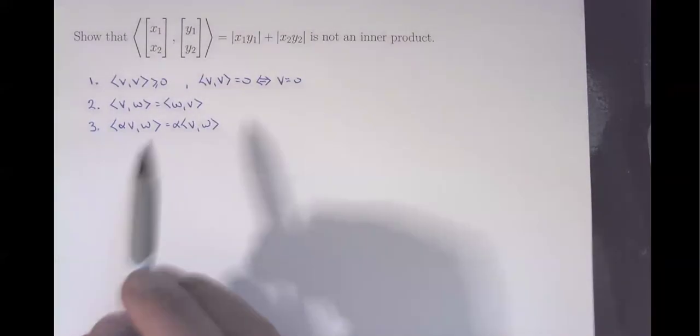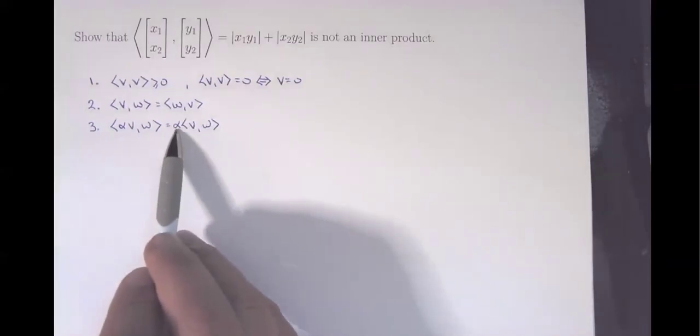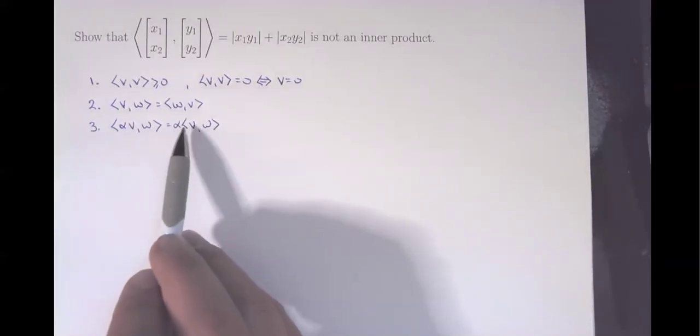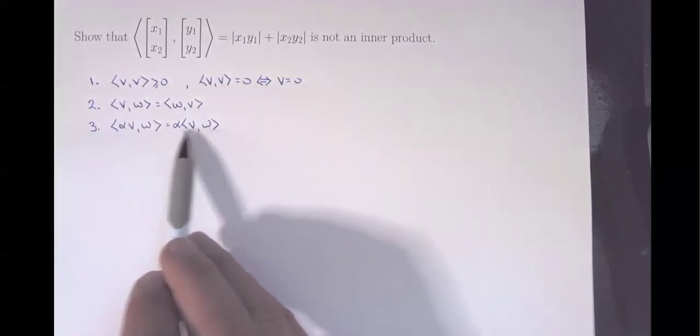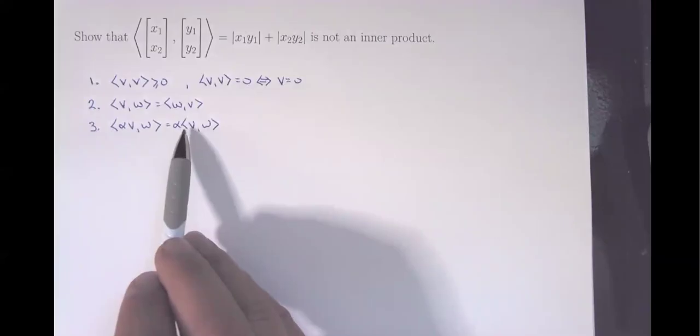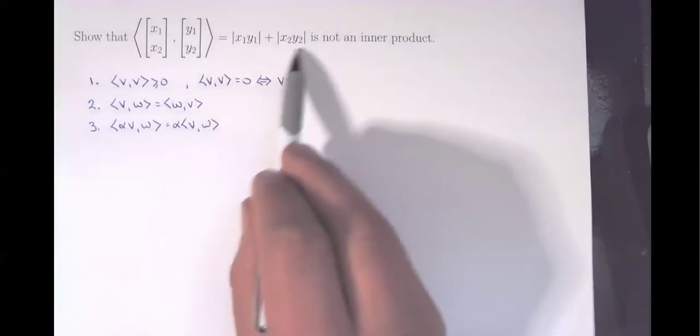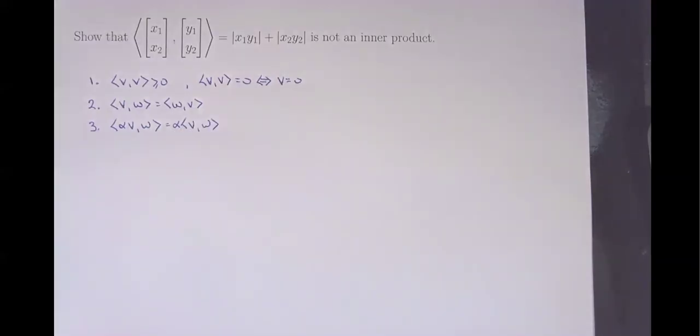If alpha is negative, we might be able to pull out a negative here, but we know that the inner product here is going to be positive because of these absolute values.